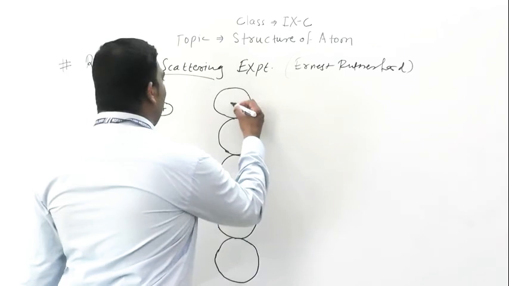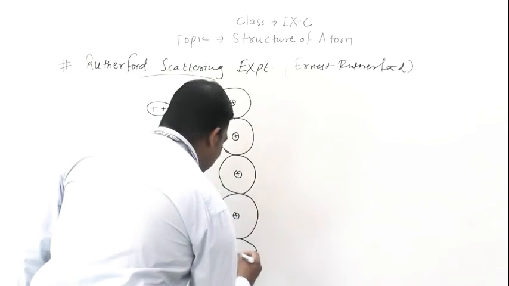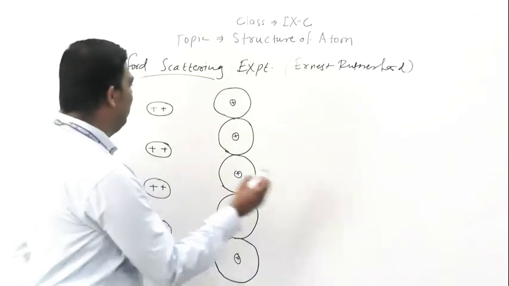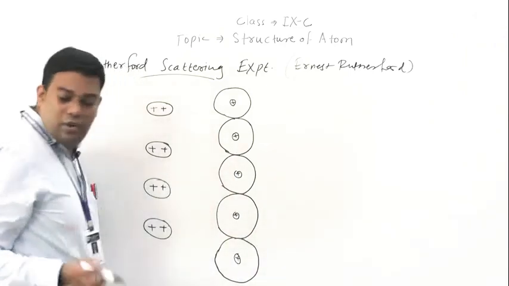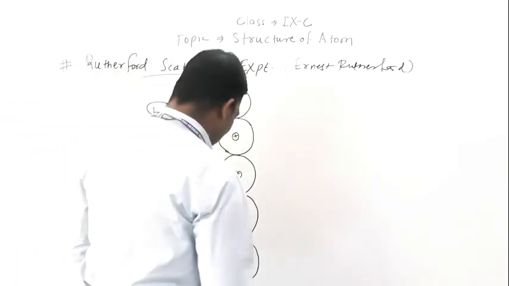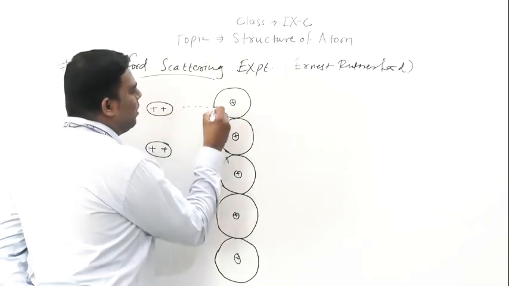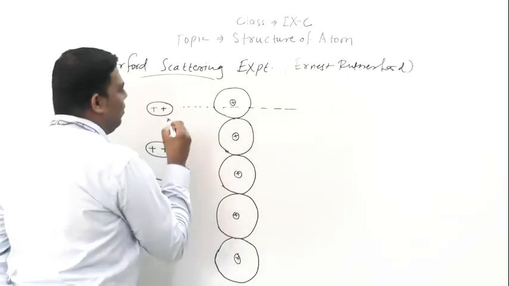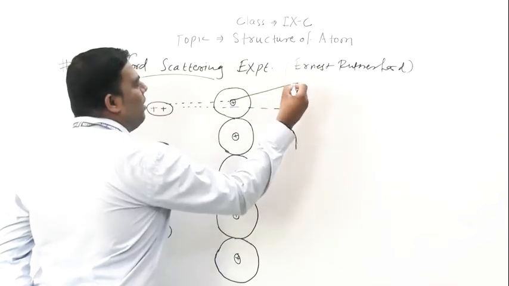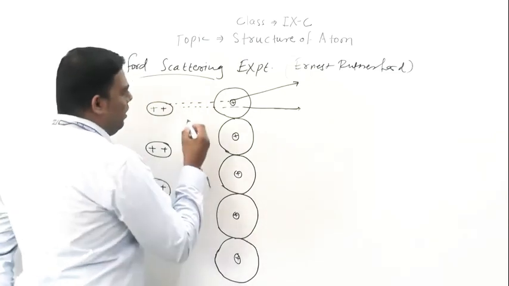Your positive charge means the center is your nucleus. Now we will observe what will happen. Some rays go like this, straight. Some rays get a small deflection, and some rays go straight.